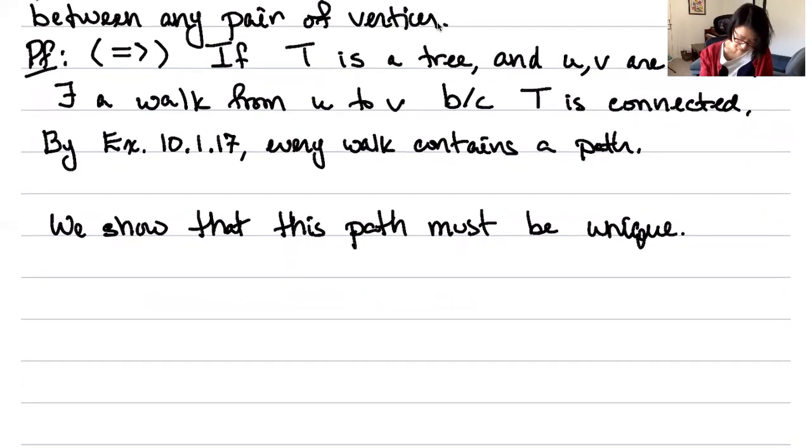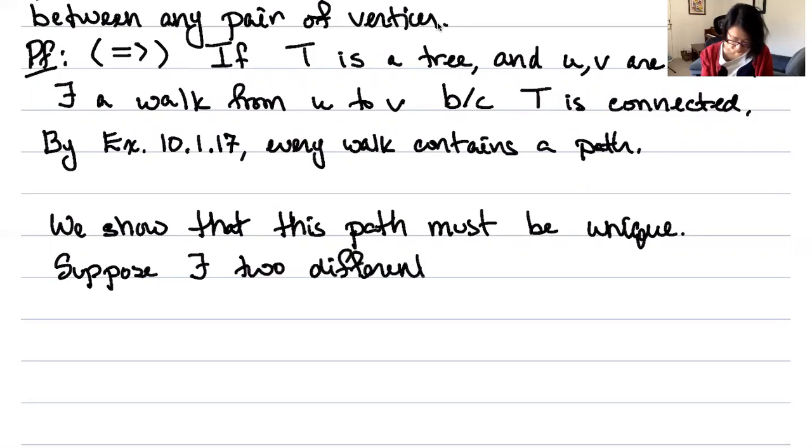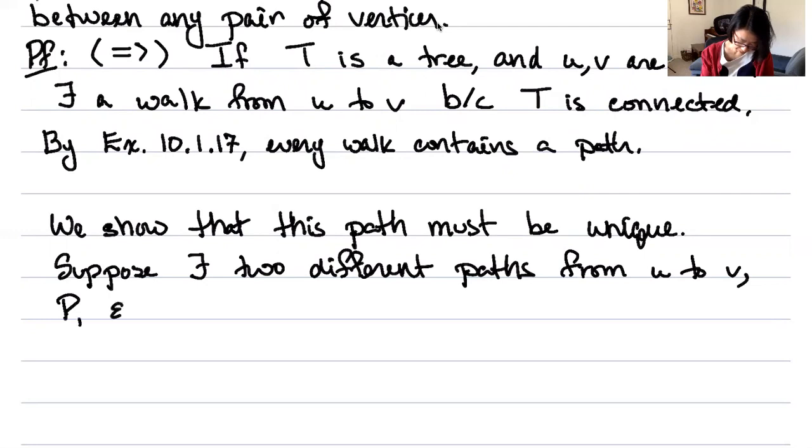Well, let's think about this and let's draw a little picture. Let's do a contradiction. So suppose there exist two different paths from U to V. And we'll call them P1 and P2.